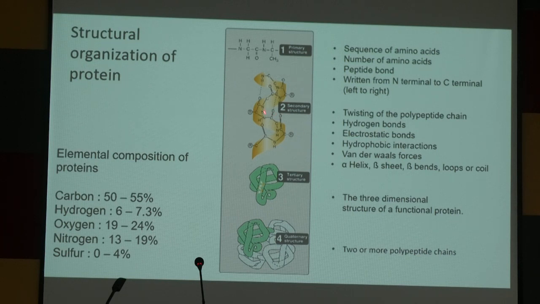So now we come to the secondary structure. This is just twisting of the polypeptide chains, and there are several other kinds of bonds which help in the formation of the secondary structure. That can be electrostatic forces, van der Waals forces, hydrophobic, and hydrogen bonds.